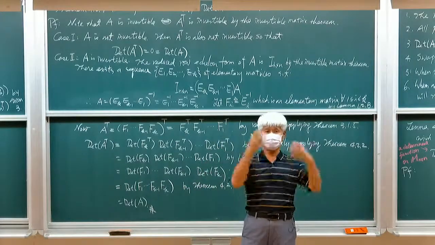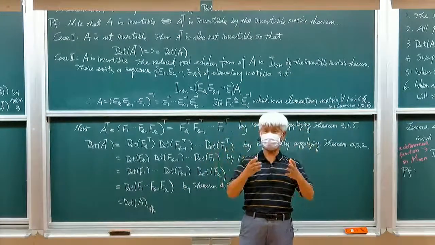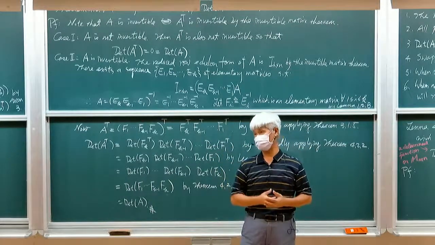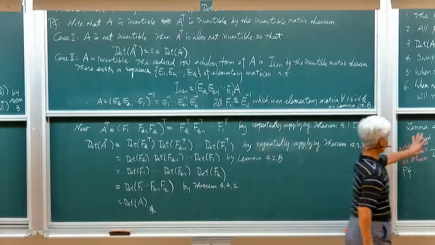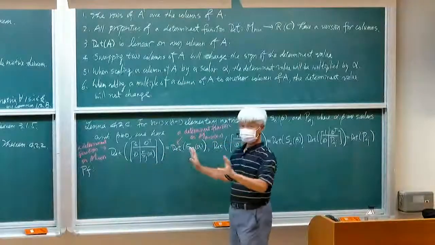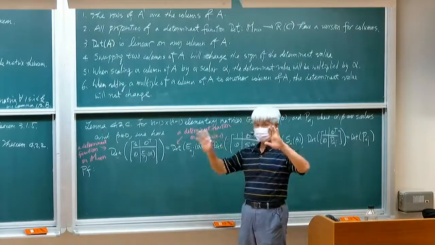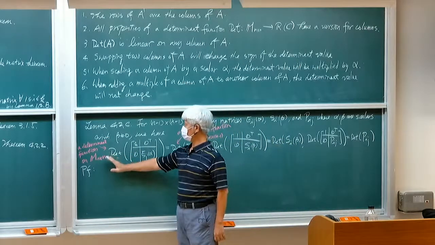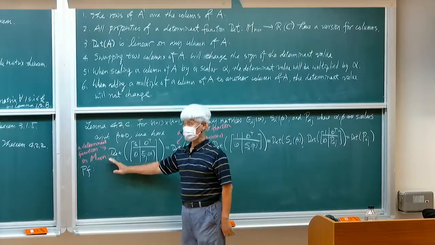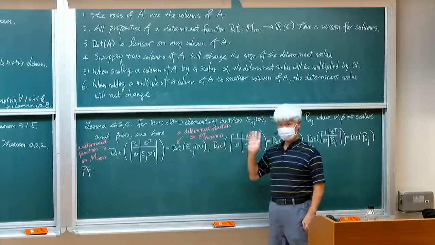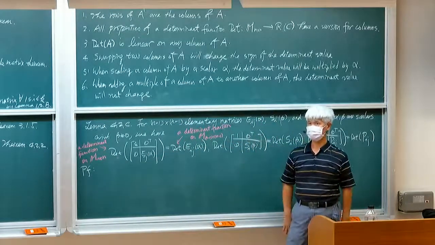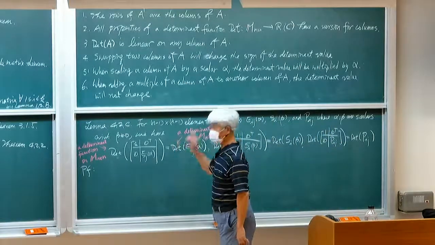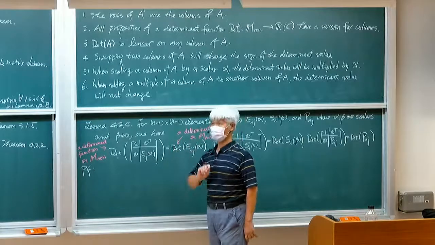So the premise is the existence of a determinant function on n by n matrices. But this lemma corresponds to different determinant functions, one for n times n matrices, the other for n minus 1 times n minus 1 matrices.